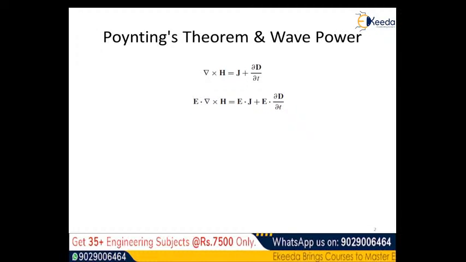Now after this scalar product, we are going to make use of a vector identity, using the two vectors E and H. The derivation you can also check in the first chapter of this subject.